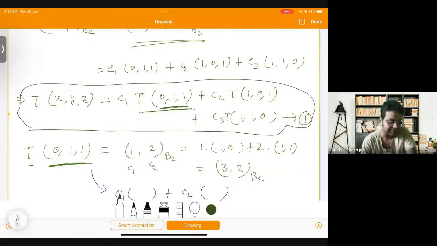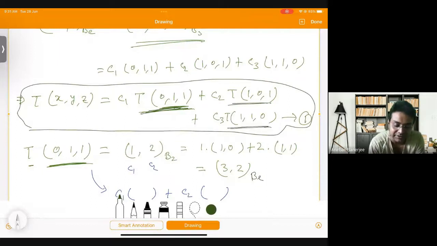Okay, so now here we can write down the value of T(0,1,1), T(1,0,1), T(1,1,0). So now equation 1 implies that T(x,y,z) equals c1 into (3, 2) plus c2 into (3, 1) plus c3 into (4, 0).